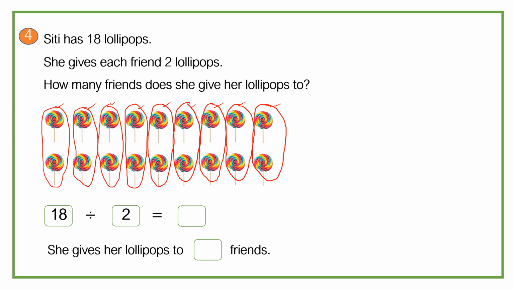So 18 divided by 2 equals 9. Therefore, she gives her lollipops to 9 friends. I believe that you have understood the division without remainders.